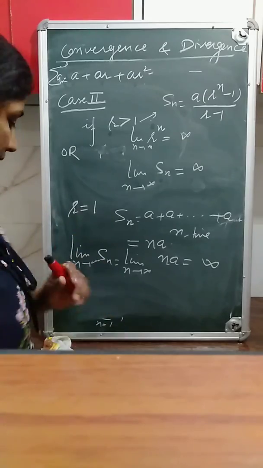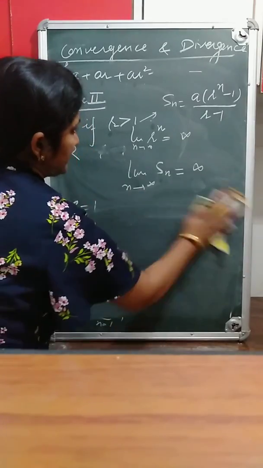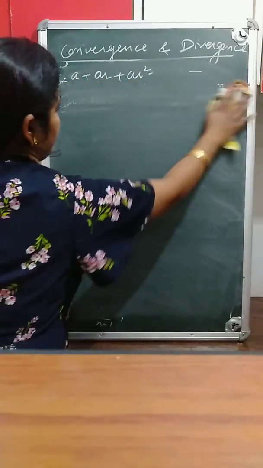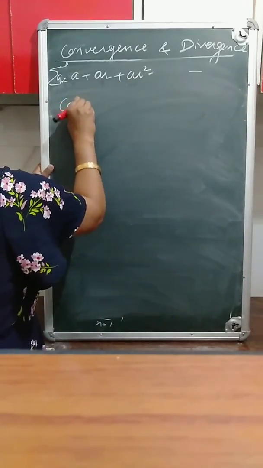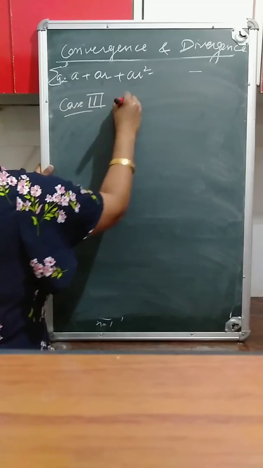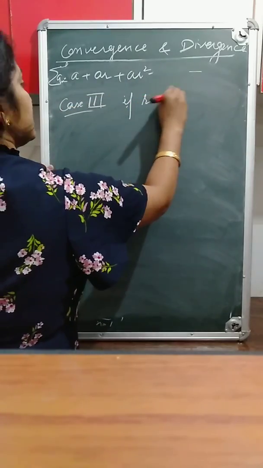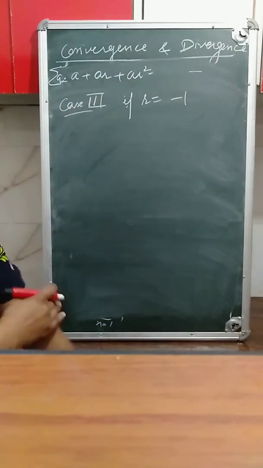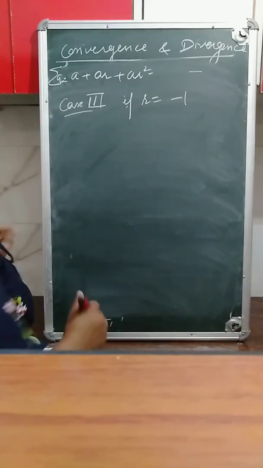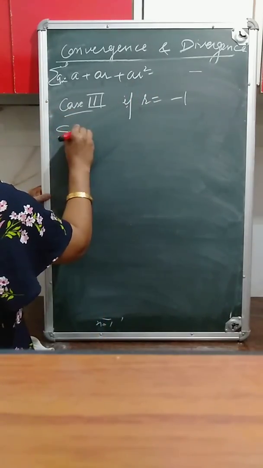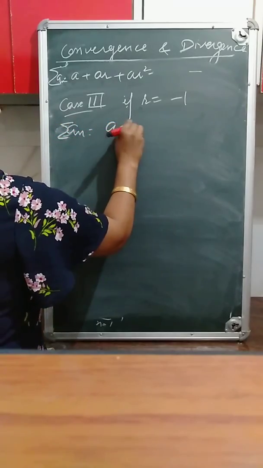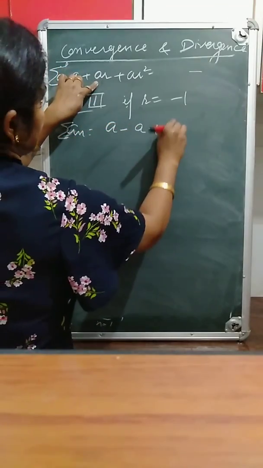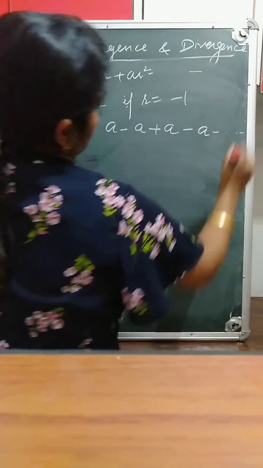Okay, let us consider case 3. If r is minus 1, then the series summation an will be a minus a plus a minus a and so on.